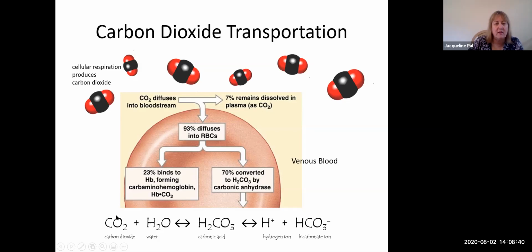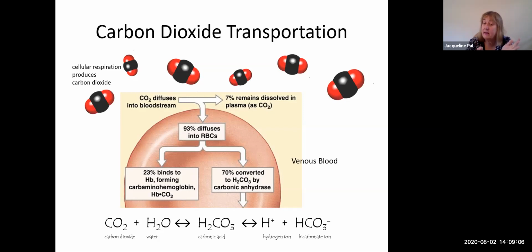There's only one carbon, only those two hydrogens, but this one has two oxygens and there's one oxygen there, which means there are three oxygens. So two hydrogens, one carbon, and three oxygens: H2CO3. That is carbonic acid. And so that's what it's converted into.